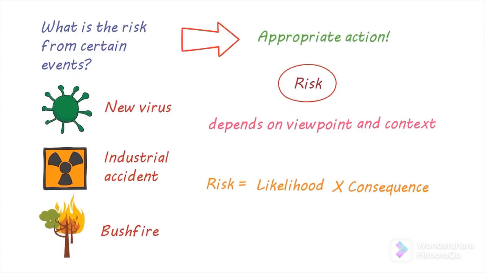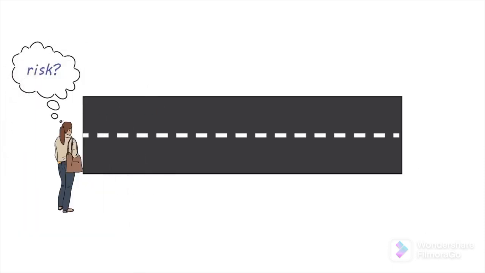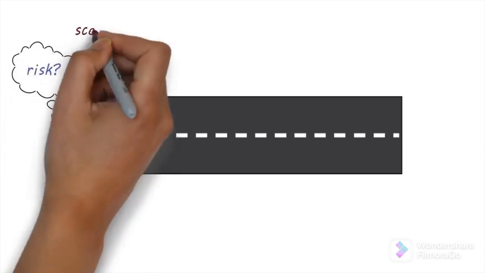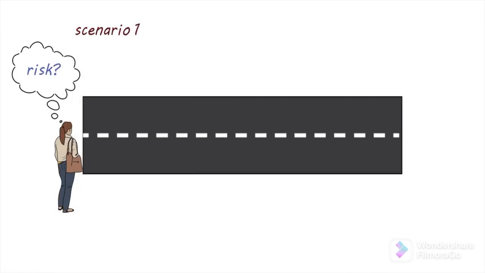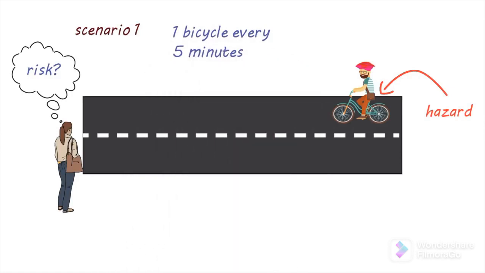Let's have a look at an example. Say you have to cross a road, and you're trying to figure out what the risk associated with this is. Let's take a look at some different scenarios. In the first scenario, our hazard is a bicycle. Let's assume there are only bicycles allowed on this road. Let's also assume that the road is not that busy and there's only one bicycle every 5 minutes on that road.